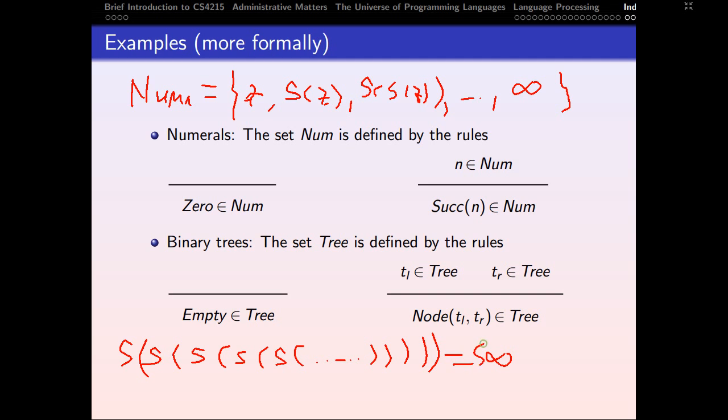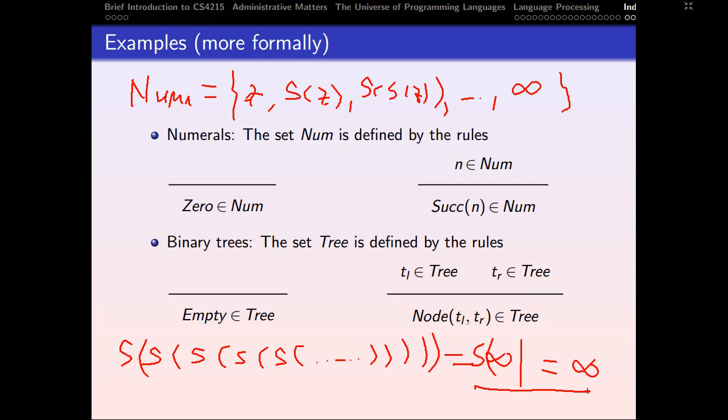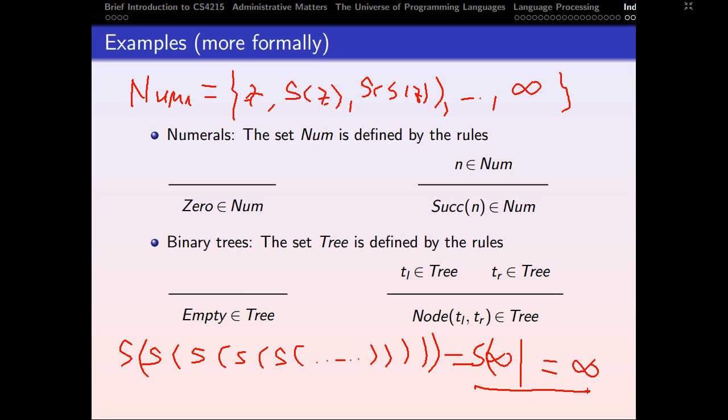You get successor infinity and you keep going on and on. Is this true? It breaks the rules, right? Why? Well, there's a number and its successor has to be distinct. No, you just have to show that S infinity is also, so that the S operation is closed under the set of elements. Exactly.